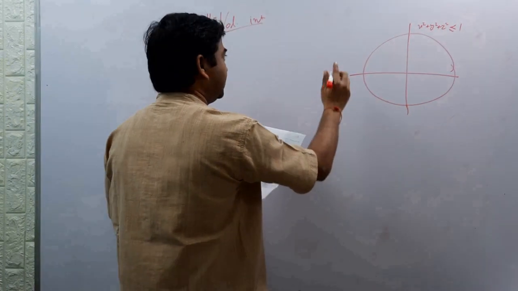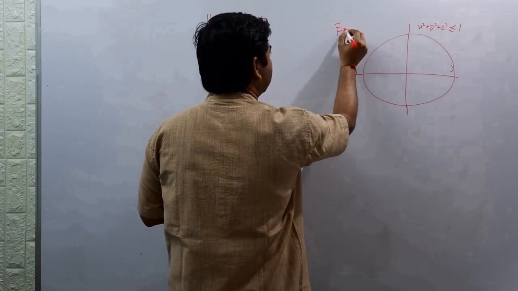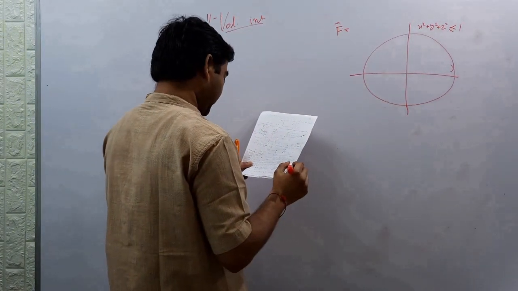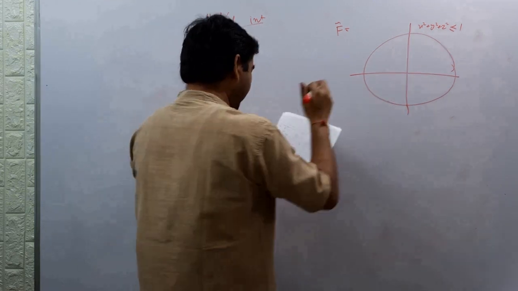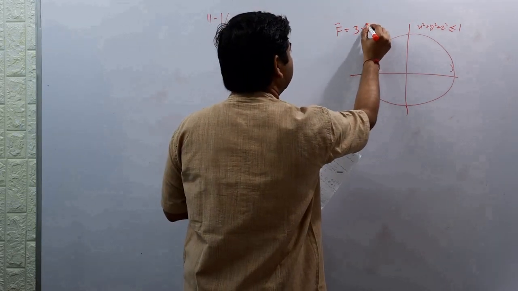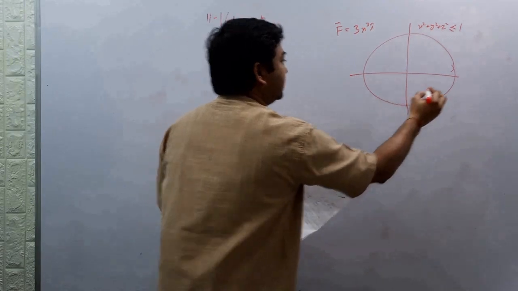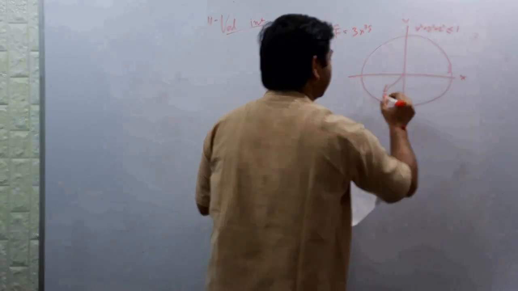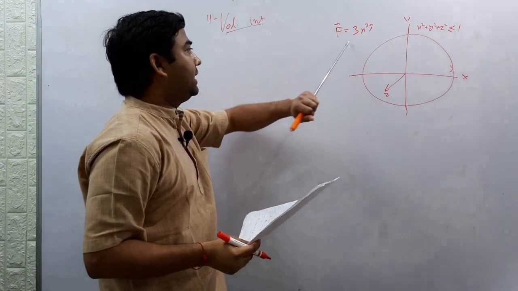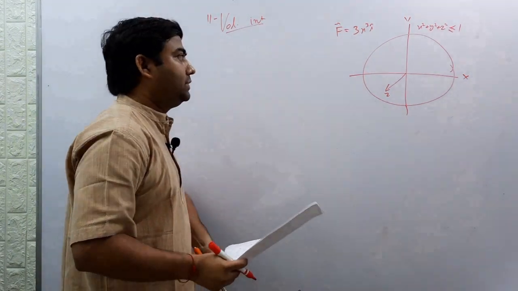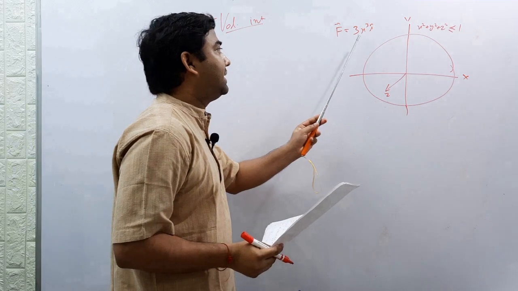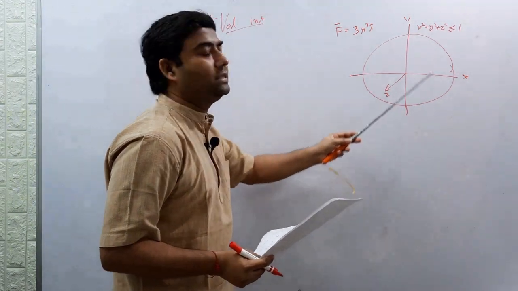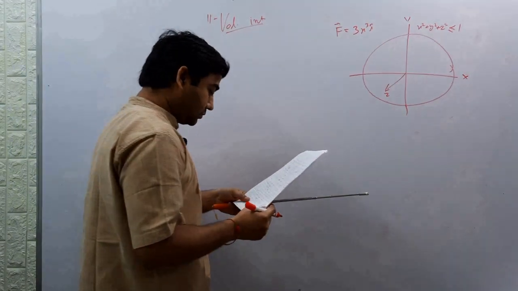So let there be a vector field given in this region by 3x cube i. This is the x-axis, this is the y-axis, and this is the z-axis. 3x cube i is a vector field. Now you have to find the divergence of this vector field in this sphere.